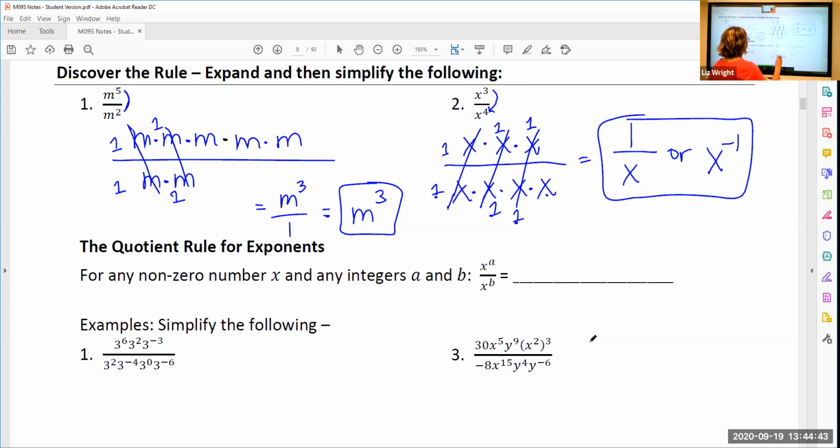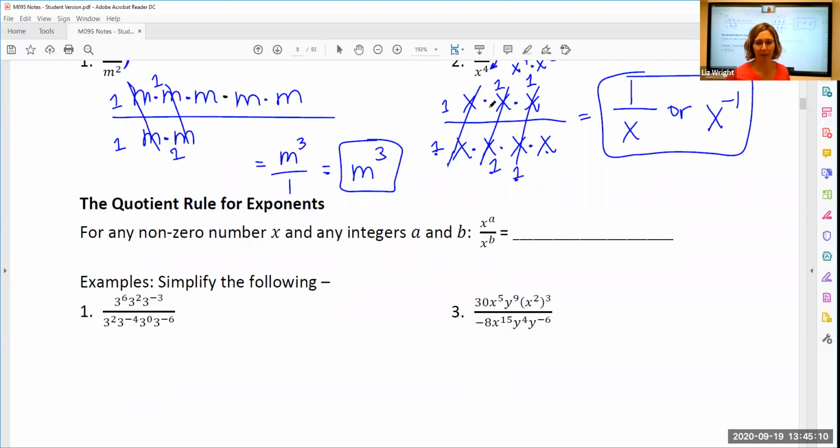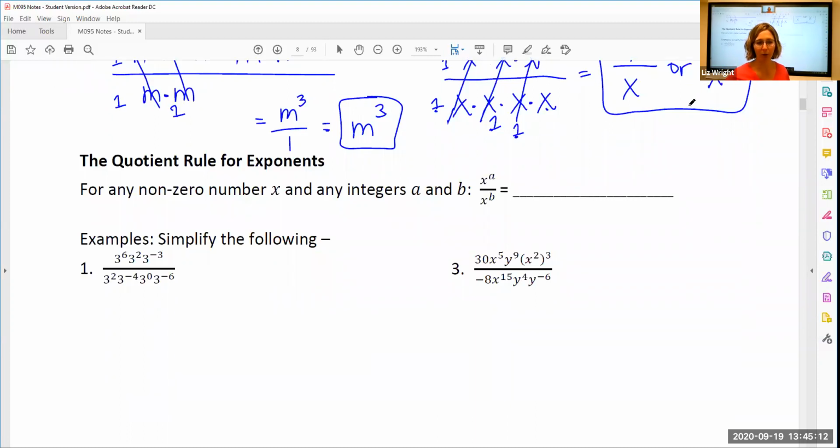If instead we brought these 3 down, then we would have 1 over x to the fourth times x to the negative third, right? Because if we bring it down, that exponent becomes negative. So then 4 minus 3 is still going to give you x to the first in the denominator. So that's how our answer relates to what we started with.